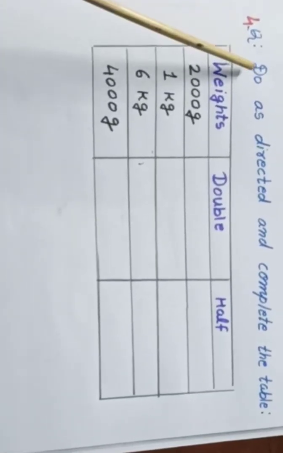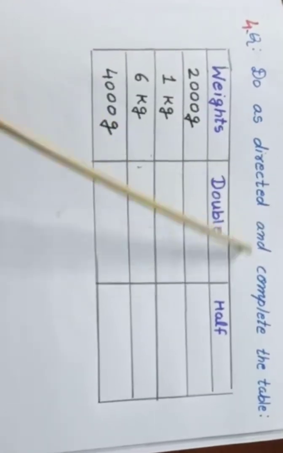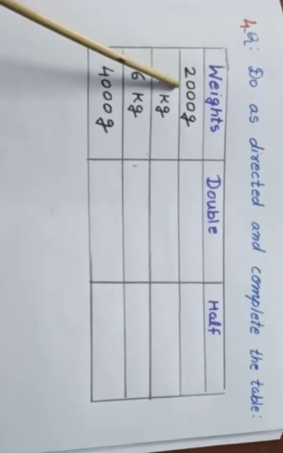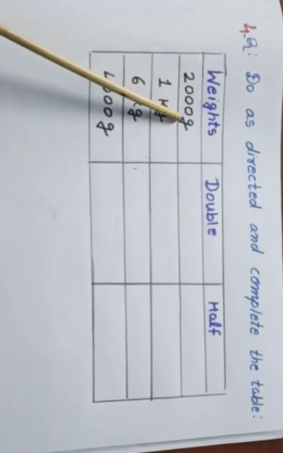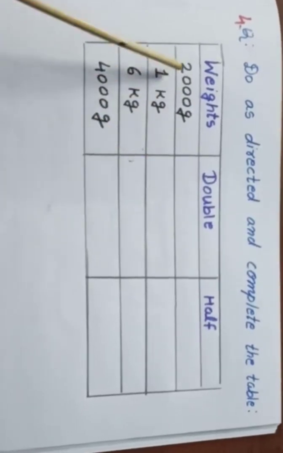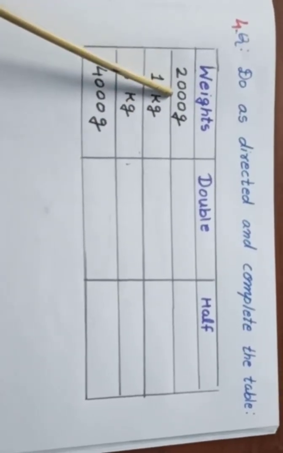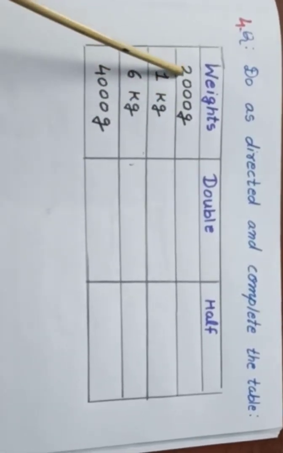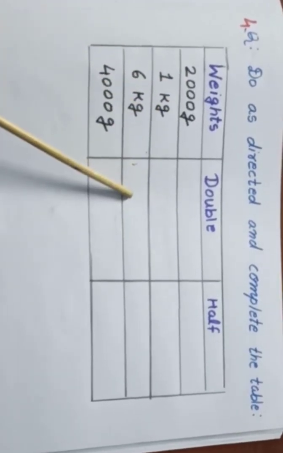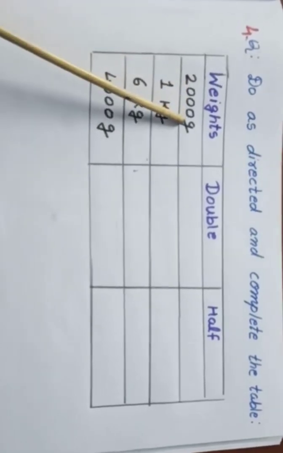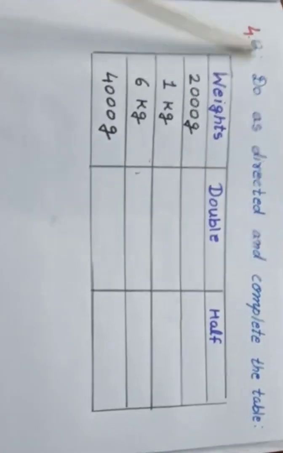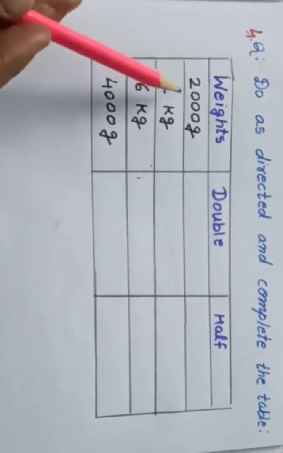Next question is, do as directed and complete the table. Okay, so here is given 2000 gram and we have to make its double. Double means what, children? Double means 2 times. So suppose one chocolate, then double is 2 chocolates, right? So here is 2000 gram. So when we multiply by 2, that means double.